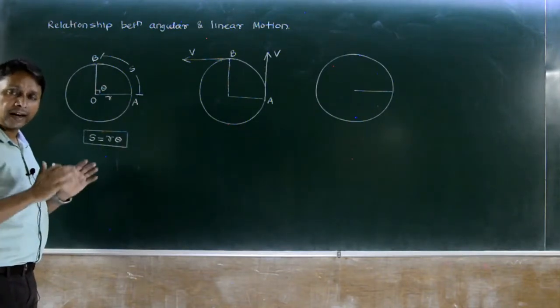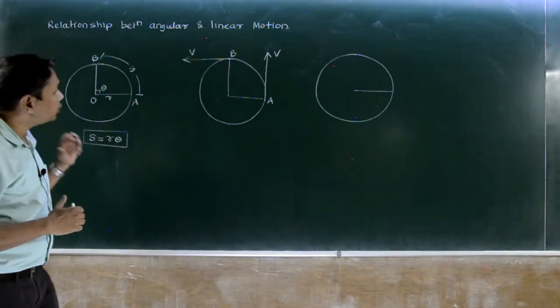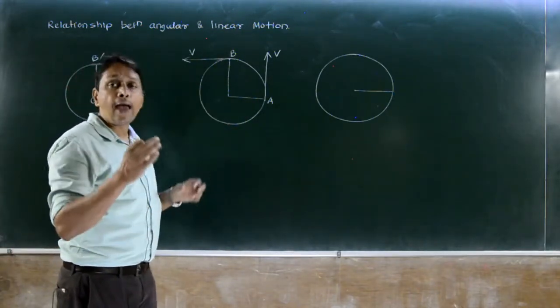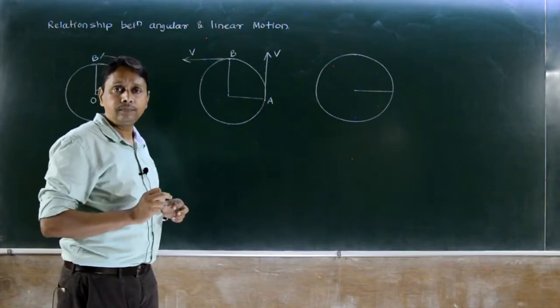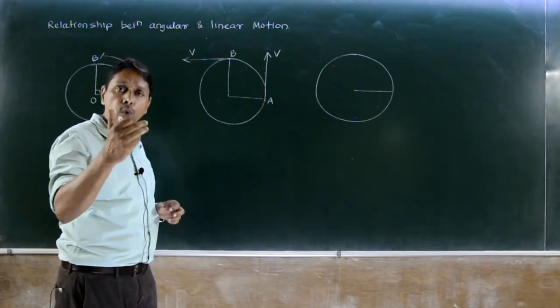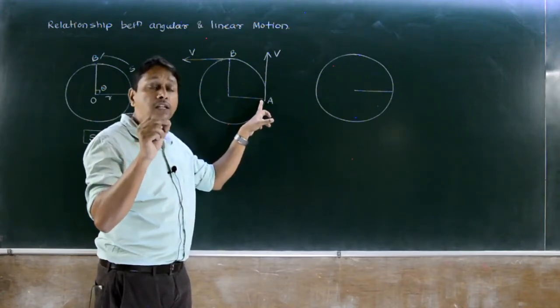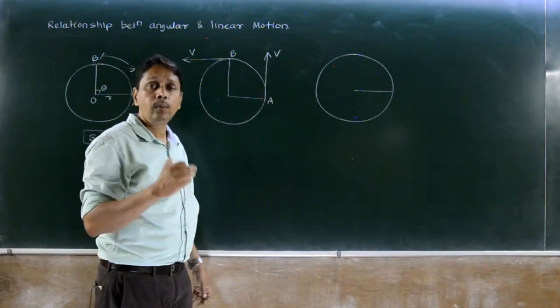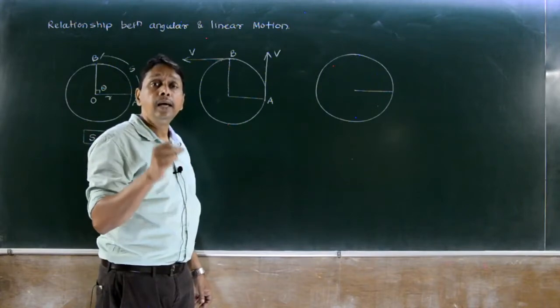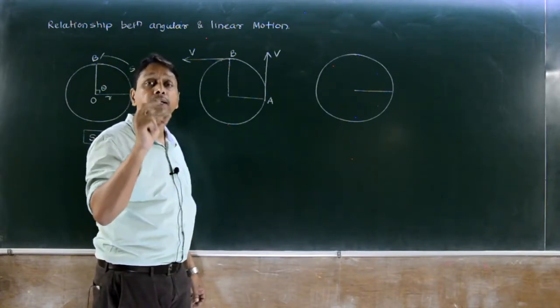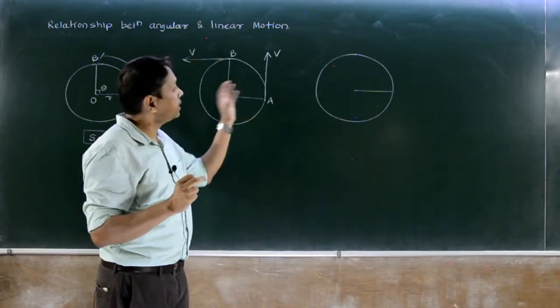Now when a body moves along a circular path, it moves with angular velocity omega, but at every instant it has a tangential velocity v. When a body moves along a circular path, it has a tendency to move along a tangent, and the tangent is a linear term.